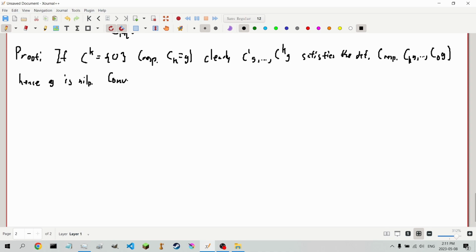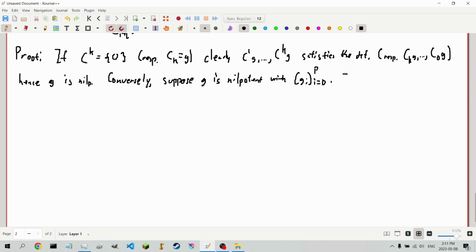Conversely, suppose G is nilpotent with the decreasing sequence of G_i from i equals 0 to p.